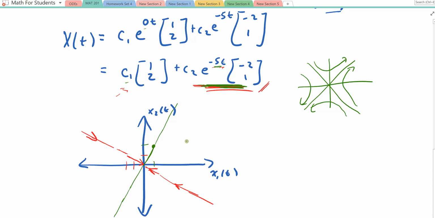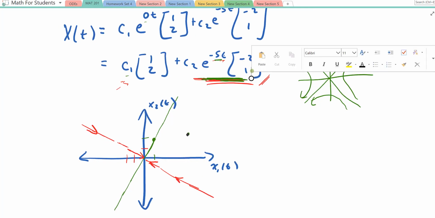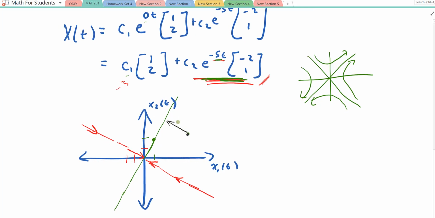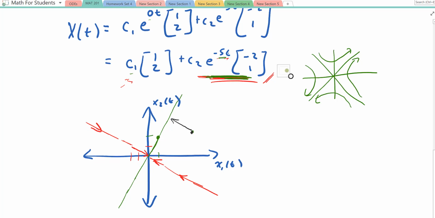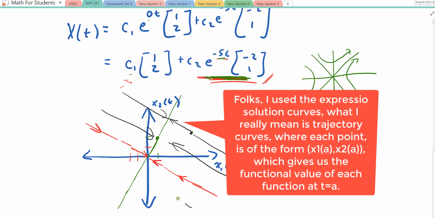And so let's say we started out in this position here. Well, what are we going to do? Let me use a different color here. What are we going to do here? Well, we're simply going to begin moving parallel to the eigenvector that shows up in the only non-zero eigenvalue in this expression. Okay? So these will be what all of our solution curves look like in this case.